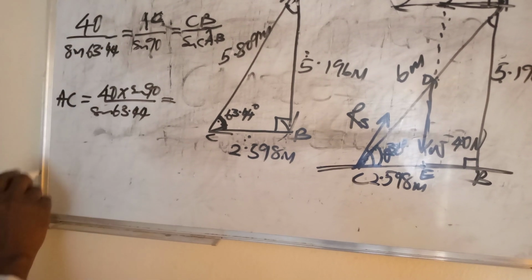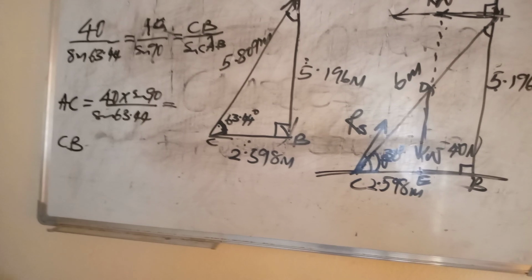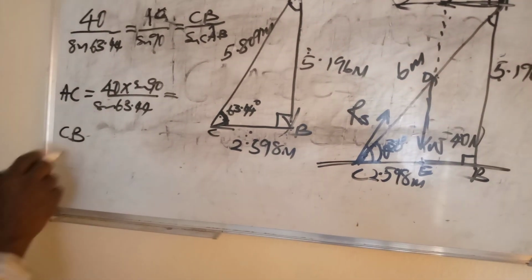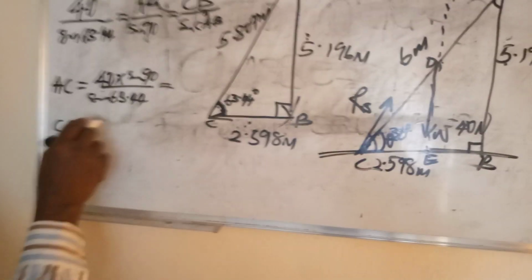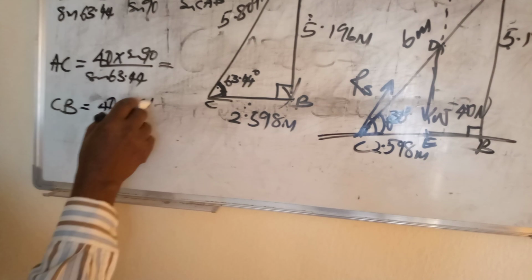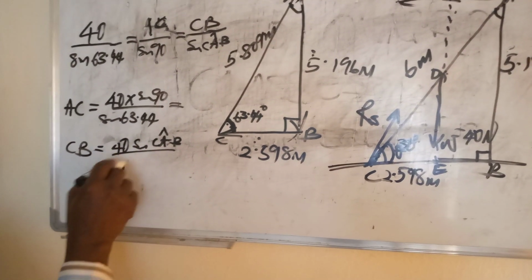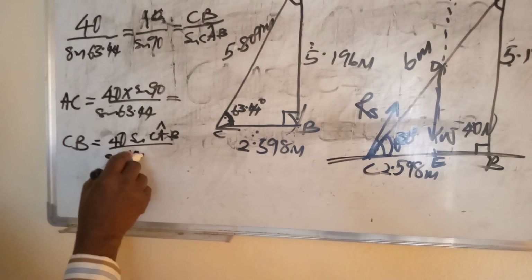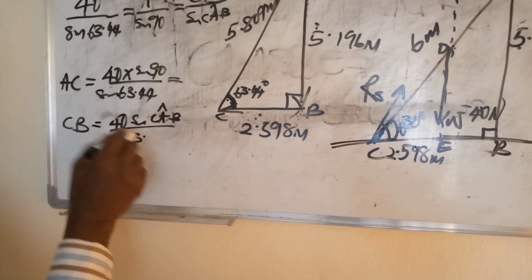I want to get CB, which is the reaction from the wall, is equal to 40 sine CAB over sine 63.44.